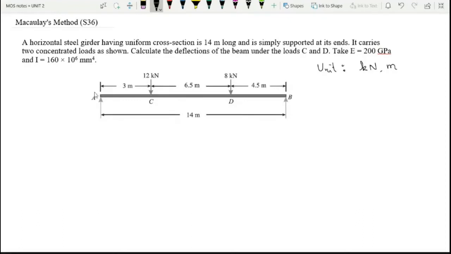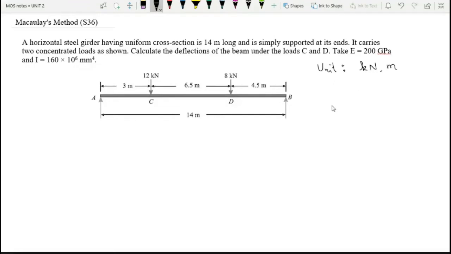Even this 3 will become 3000, so you may miss some zeros while writing the next steps in mm. So it is best to prefer kilonewton and meter. This kilonewton depends on the loading conditions. If the loading is in Newton, you put it as Newton and meter. That's it. So my unit is kilonewton and meter.